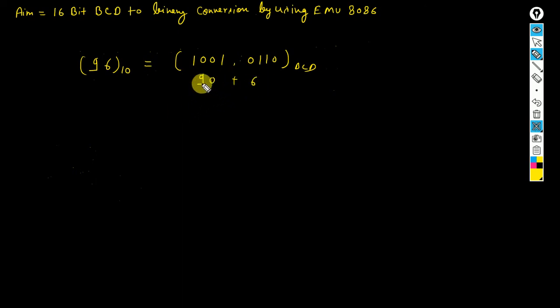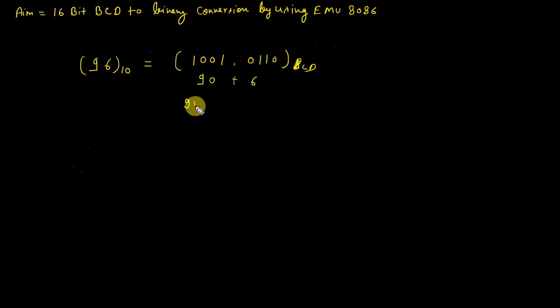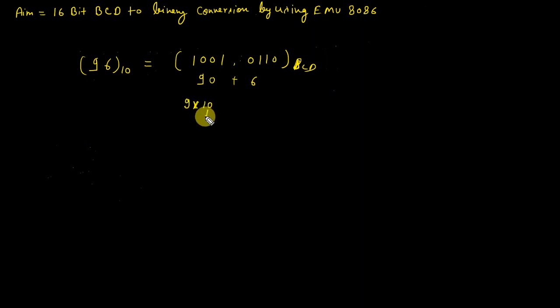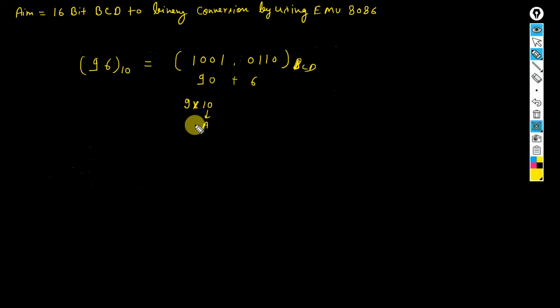Suppose we write this 90 value in hexadecimal form. This number is also written in this pattern: 9 multiplied by 10, and 10 written in hexadecimal is A. So this value is 9 multiplied by A, plus 6.